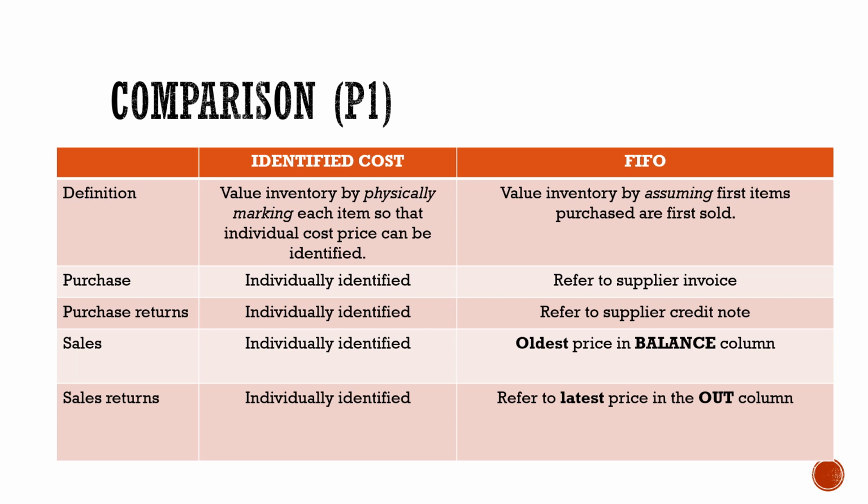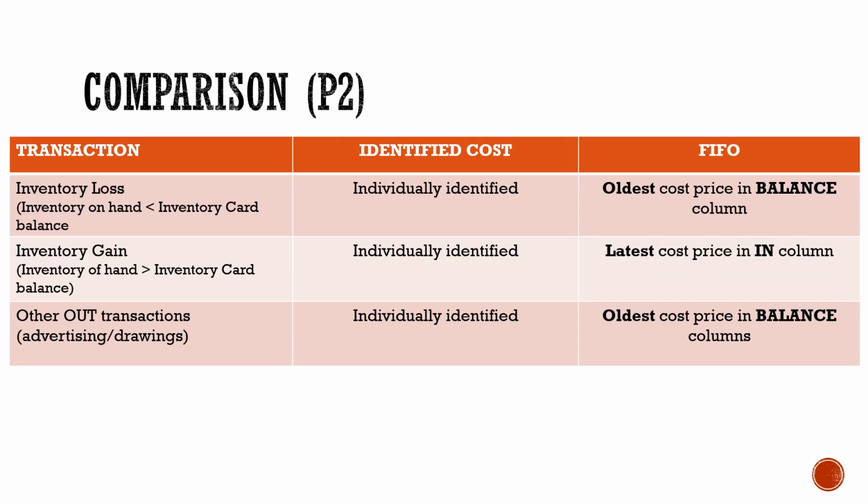Under the identified cost method, all the cost prices of the inventory coming in and going out are specifically identified. But on the other hand, with the FIFO method, we follow through a series of assumptions in recording the movements of the inventory. So the same idea applies here to inventory losses, inventory gains, and other out transactions.